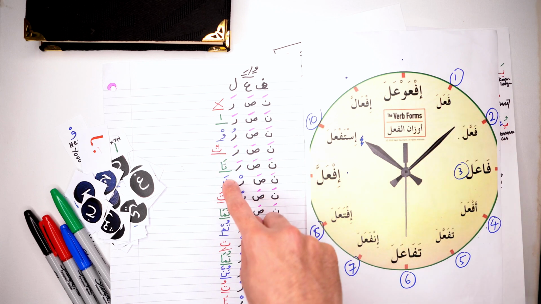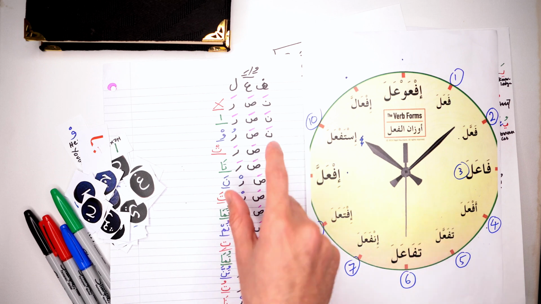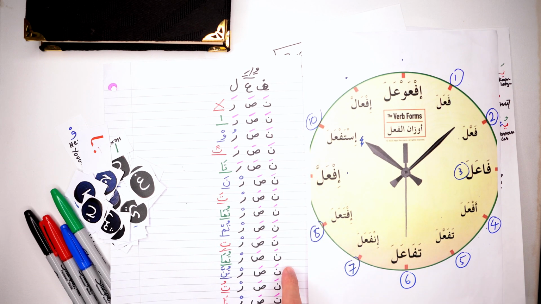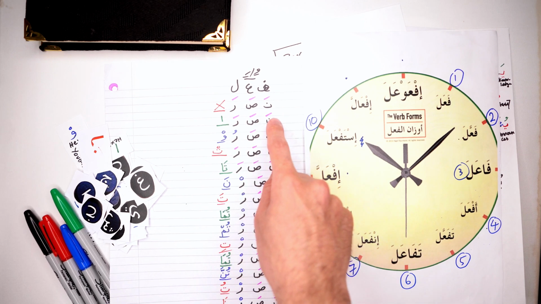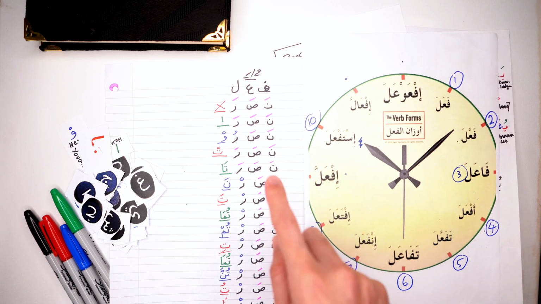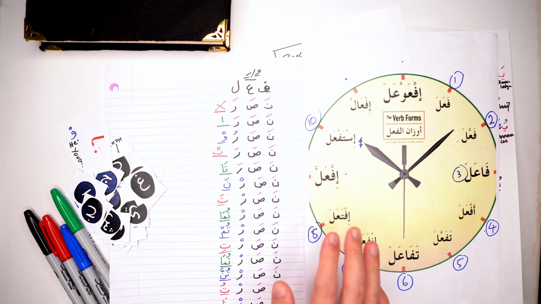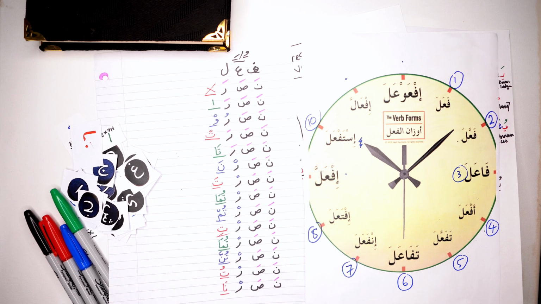In other words, they will all have these at the end. This is not going to change. What will change is the form over here. Everything else is going to be the same. There are 14 of these, and they're all exactly the same in how they end. The only difference is their structure. That's what we're going to look at today, inshallah ta'ala.